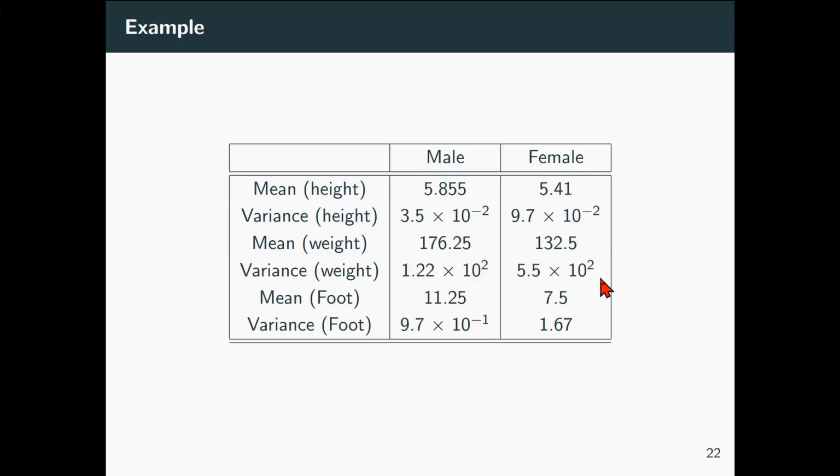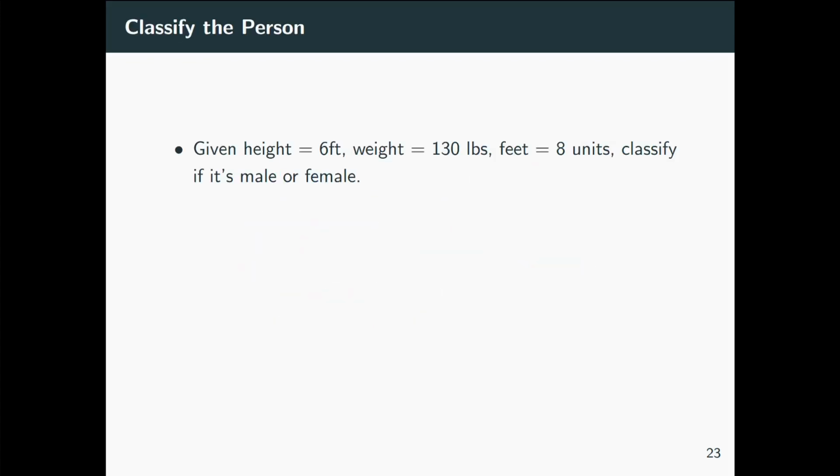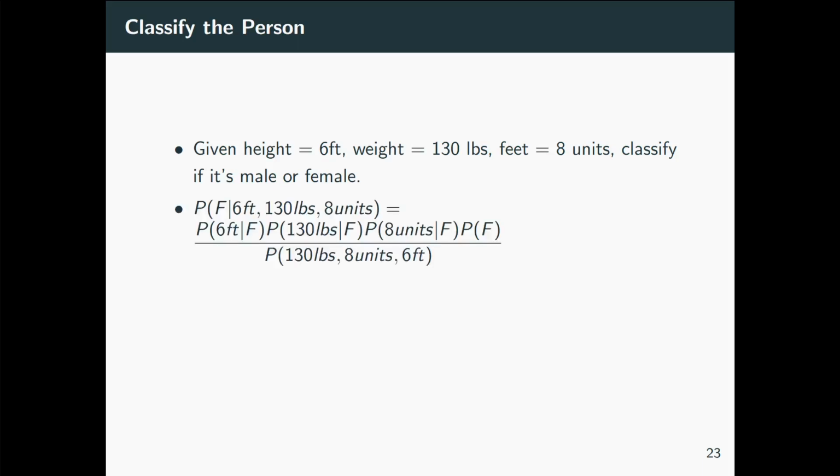So just by looking at this, you would expect it to be classified as female, but then there is this full Bayesian calculation that you can do. So the simple idea is, again, you want to calculate the probability of this particular sample being from a female, whose height is 6 feet, 130 pounds and 8 units.